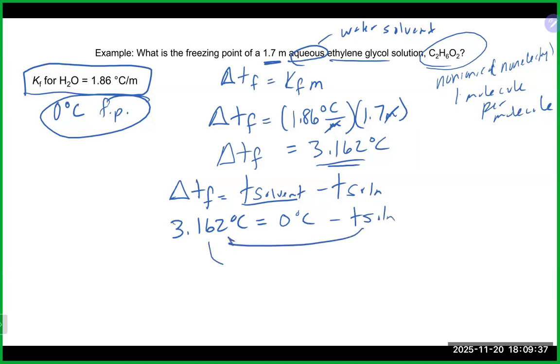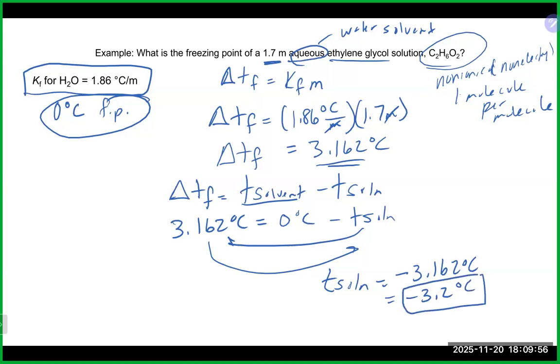Bringing this guy that way and bringing that guy that way will give us a temperature at which this will freeze, not 3.16, but minus 3.162 degrees Celsius. Or we could round it down a little bit there, 3.2 degrees Celsius negative. And that is a depression from 0 degrees.